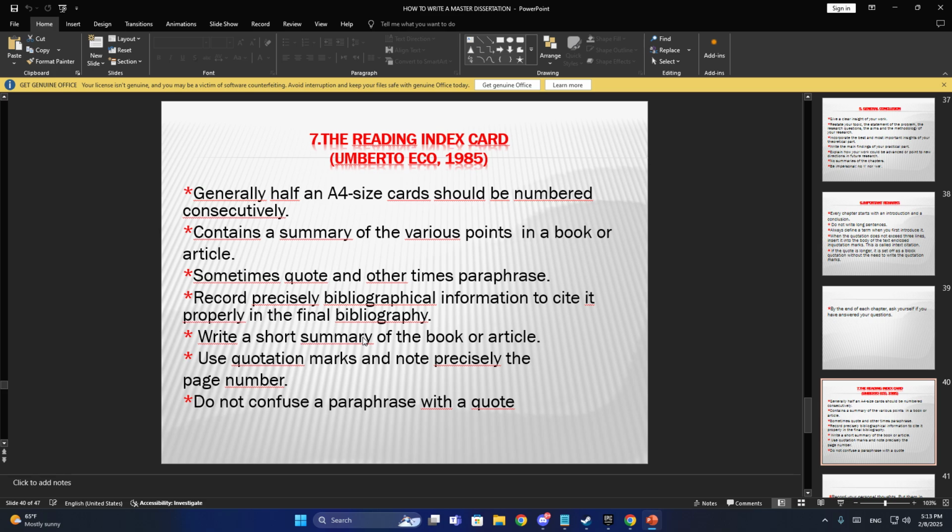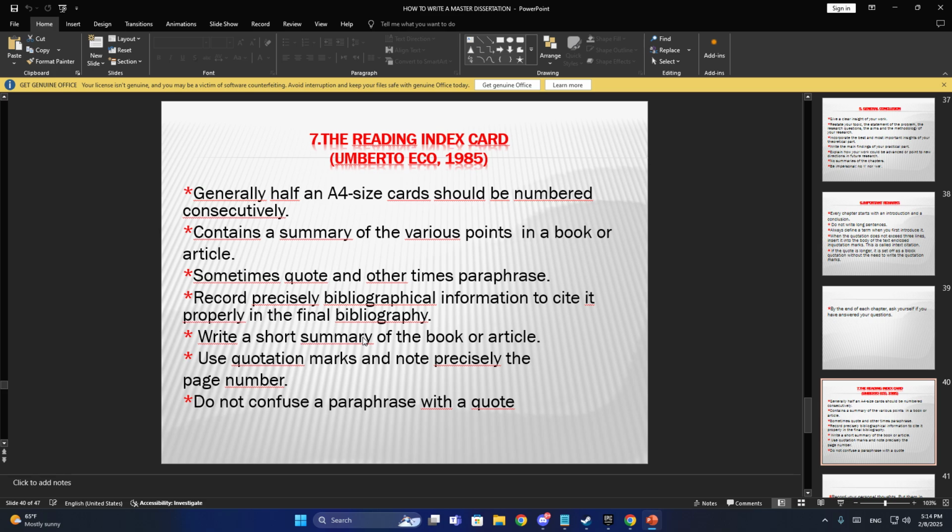First, prepare cards of half A4 size that should be numbered consecutively. You have to number these cards because on these cards you are going to write your notes, your quotations, all the information that you pick from the books you have read or reviews.